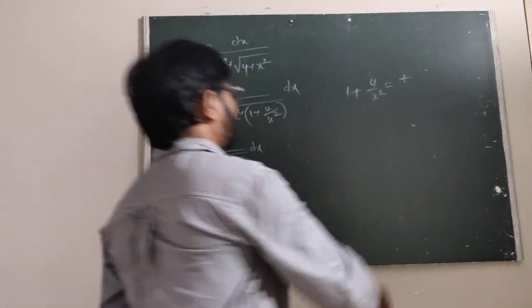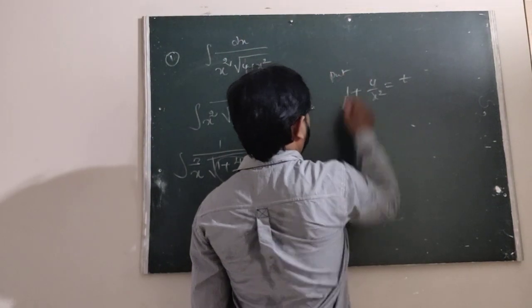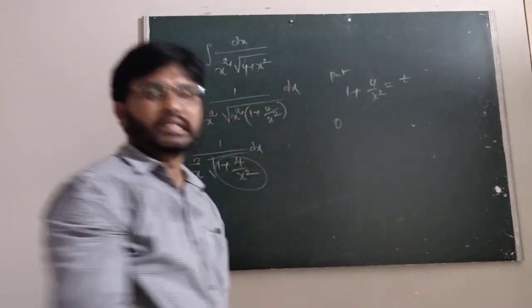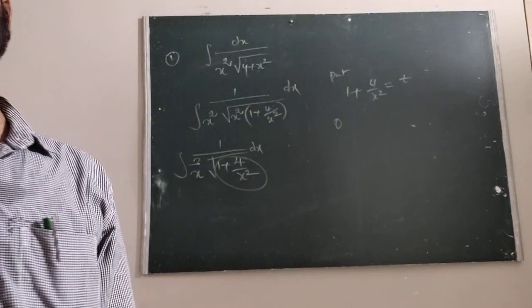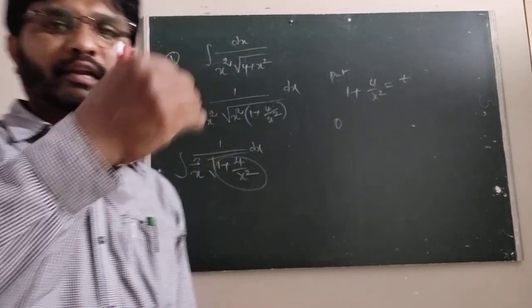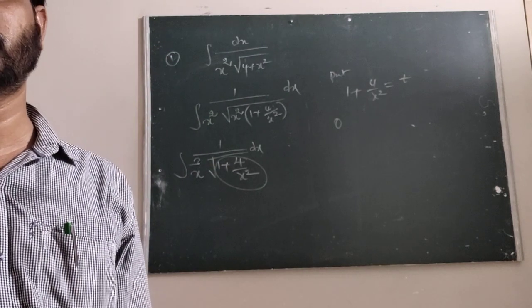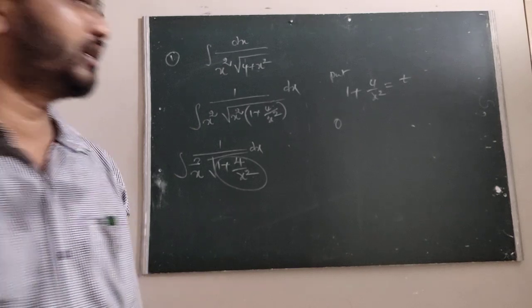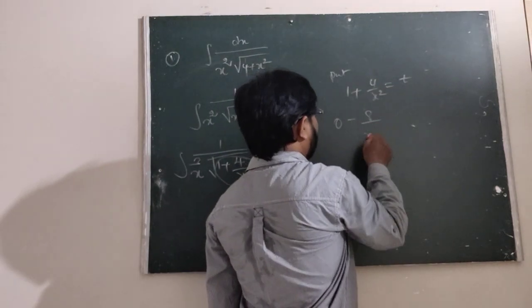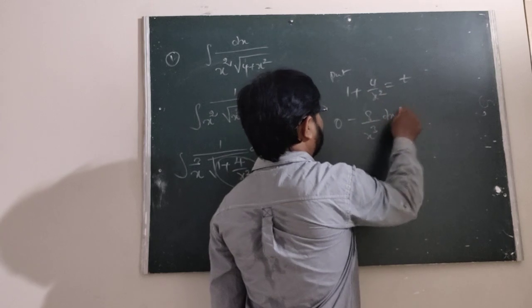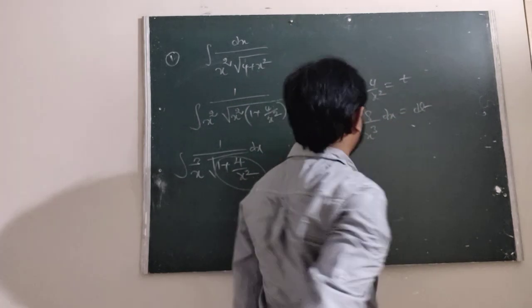The derivative of 1 is 0. The derivative of 1 by x square is minus 2 upon x cube. Now this is minus 2 into 4, which is minus 8 over x cube, dx. Now this is dt.